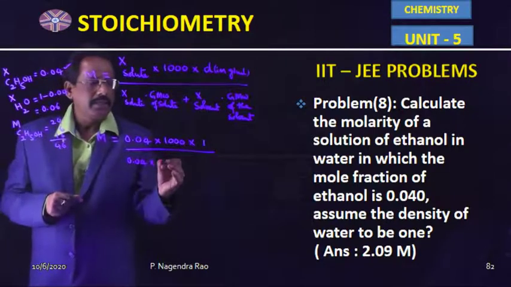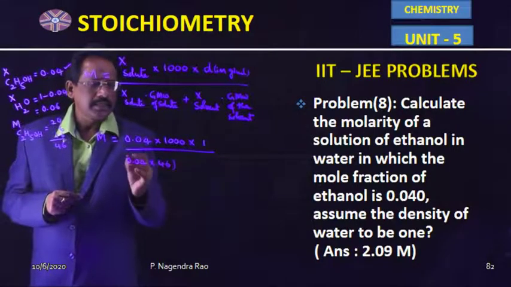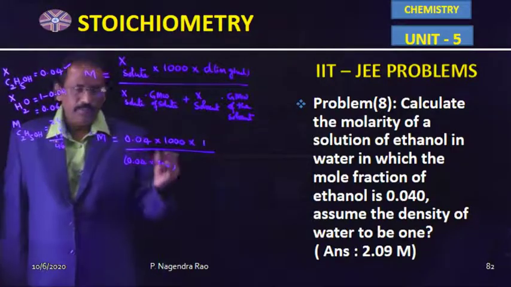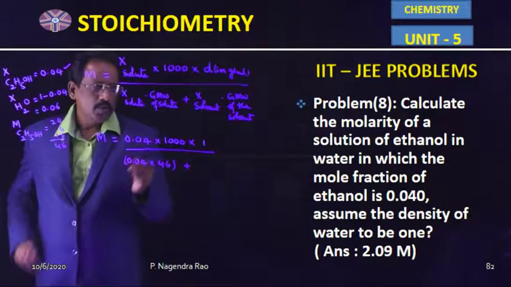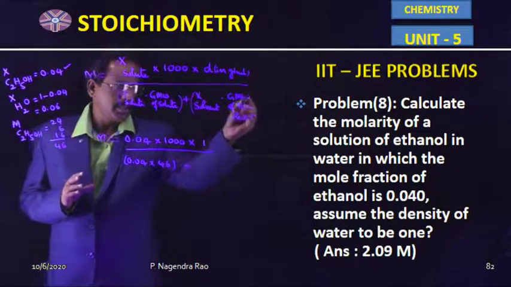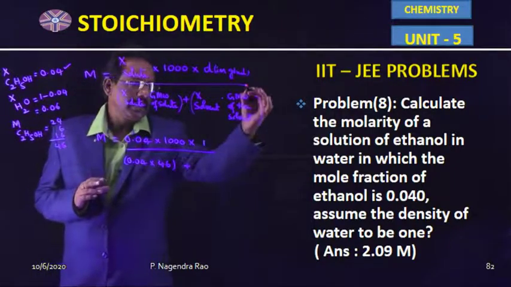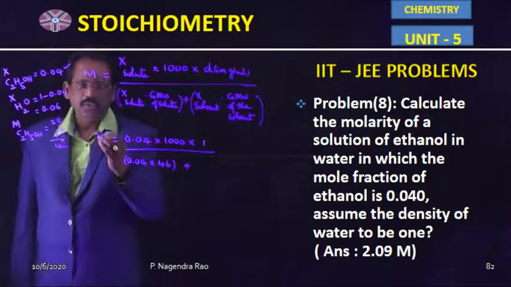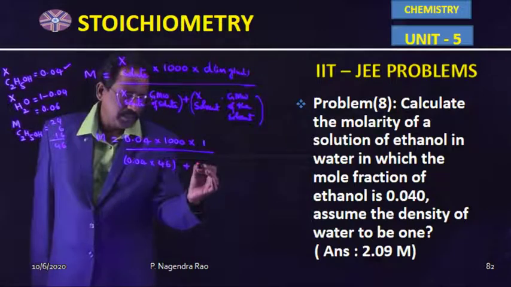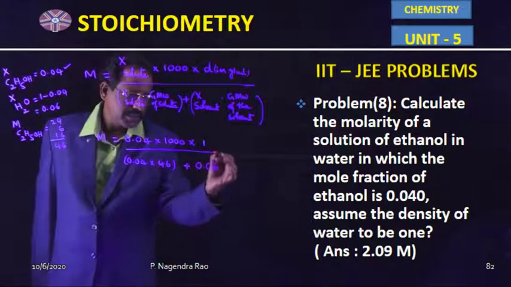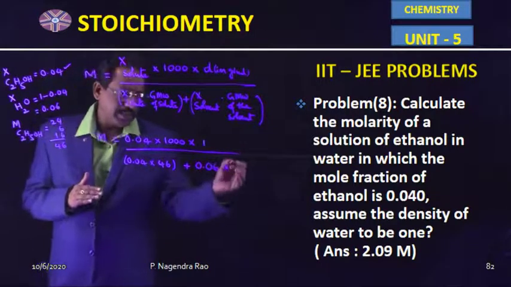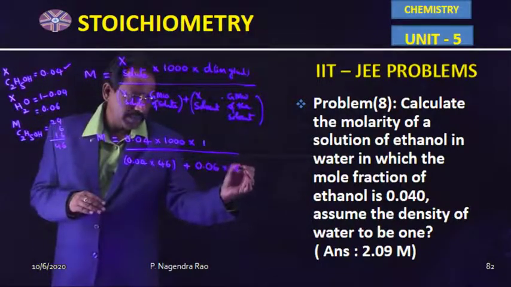Here the ethyl alcohol molecular weight is 46, plus mole fraction of the solvent. Here the solvent is water. Water mole fraction is 0.06 into molecular weight of the solvent. Water molecular weight is 18.